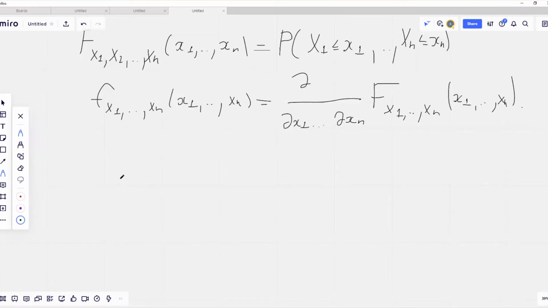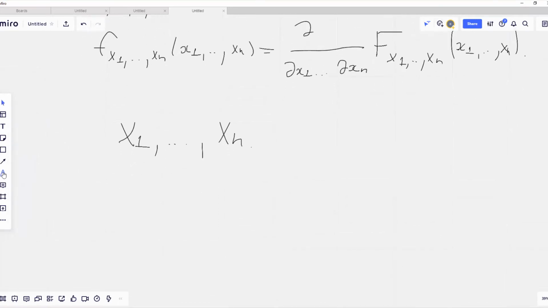All right, so we have n random variables. Then we can find the marginal PDF of any subset of those n random variables. So let's assume that you have n random variables, and now you are interested, let's say, in a subset of those n random variables. Let's call them xi1, xi2, xir.